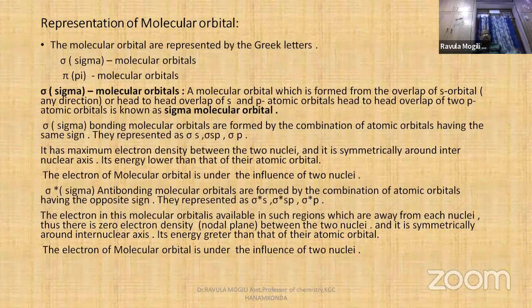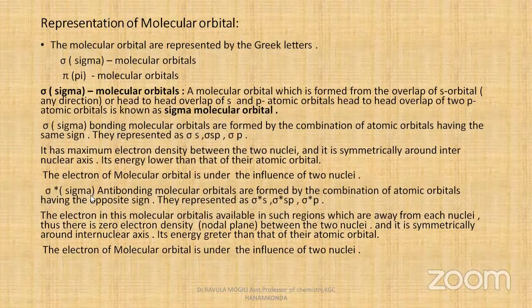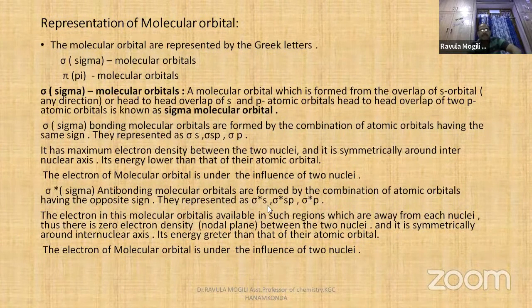Sigma bonding molecular orbitals are formed by the combination of atomic orbitals having the same sign. They are represented as sigma s, sigma sp, and sigma p. The anti-bonding molecular orbitals are sigma star s, sigma star sp, and sigma star p.